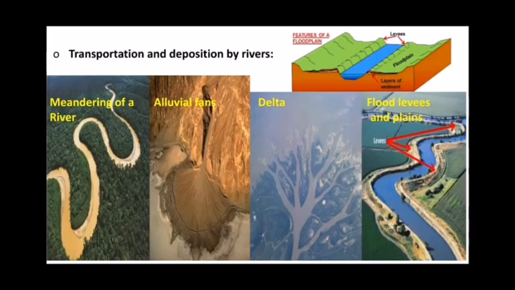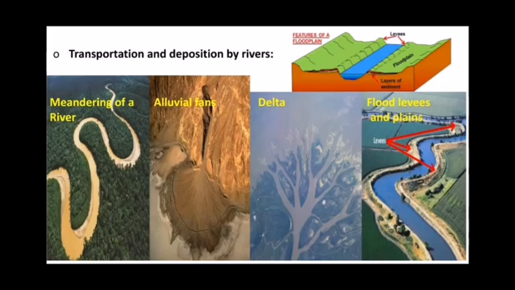So in the second picture, you can see alluvial fans are formed. Alluvial fans are formed when a particular river is flooded, it may be during the rainy season or because of any other reasons. When the water flows away from there, these kinds of alluvial fans are formed. You can see it is in the shape of a fan.